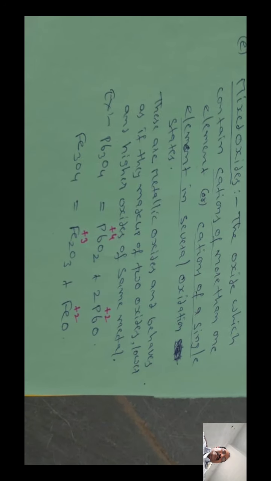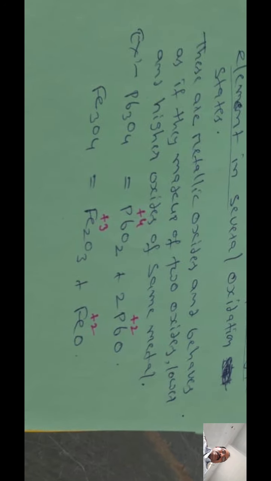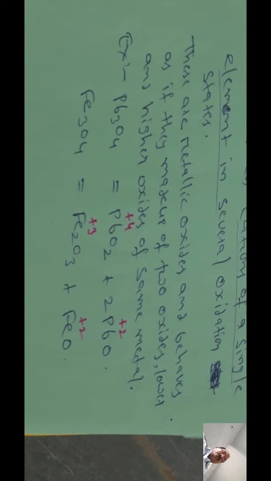These are metallic oxides and behave as if they are made up of two oxides, lower and higher oxides of the same element. For example, Pb3O4. It is made up of PbO2 plus PbO. In PbO2, see here, clearly I mentioned with pink color, Pb shows +4 oxidation state. Pb shows +2 oxidation state in PbO.